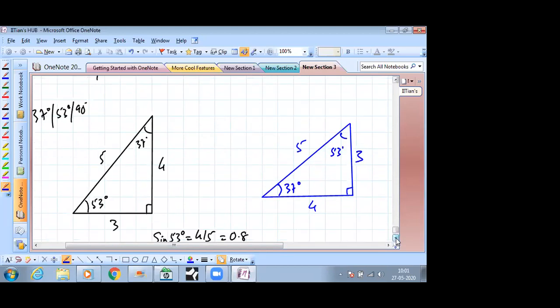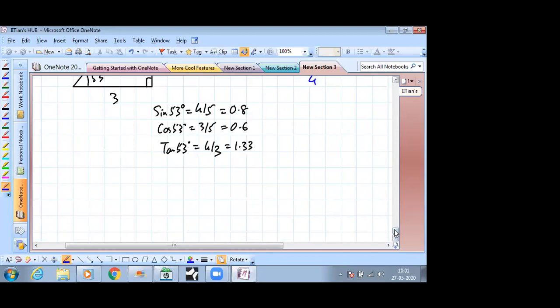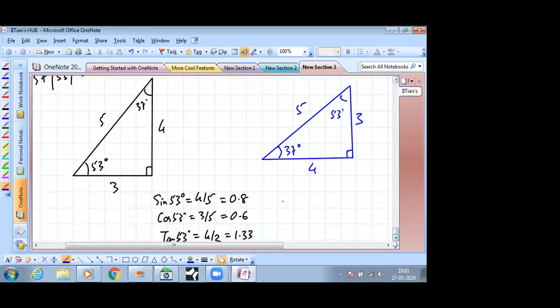So if you look at these formulae alongside now, you see that sine 53 is the same as cos 37. And cos 53 is the same as sine 37. And tan 53 is the same thing as cot 37.